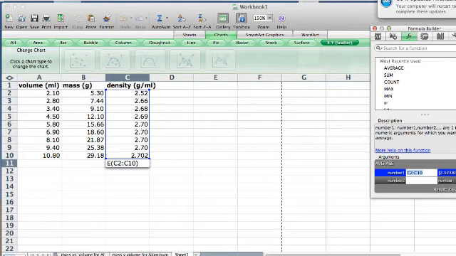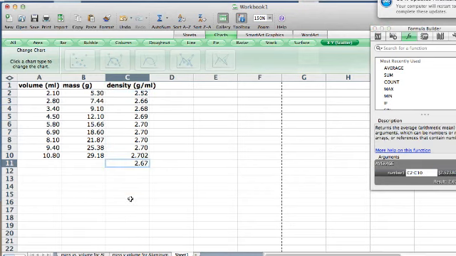And it is equals average in parentheses C2 colon C10. And what this tells me is that it is averaging the values in cell C2 down and including C10. So if I hit return, there is my average value, 2.67.